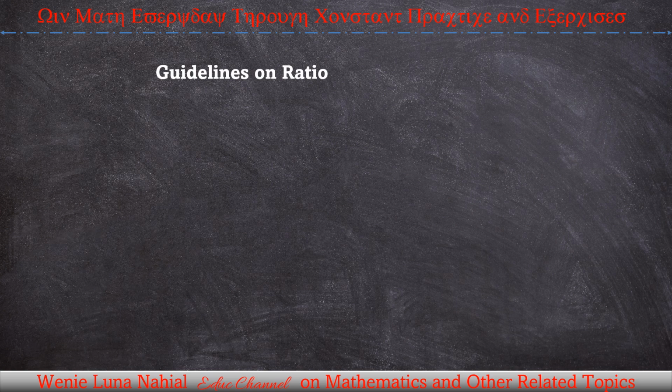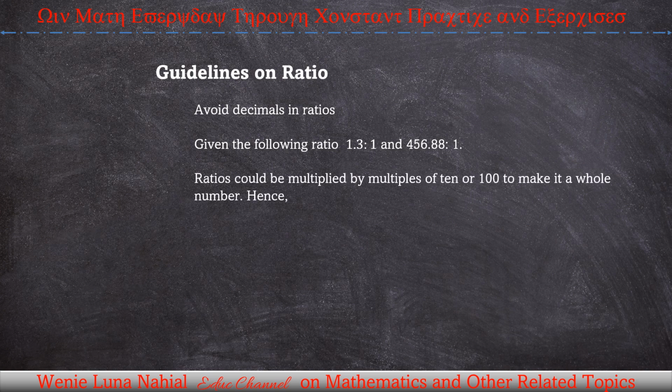Guidelines on ratio. So we have to consider this one. Avoid decimals in ratio. Given the following ratios, 1.3 is to 1 and 456.88 is to 1, you can write 1.3 is to 1 as 13 is to 10, so base 10.